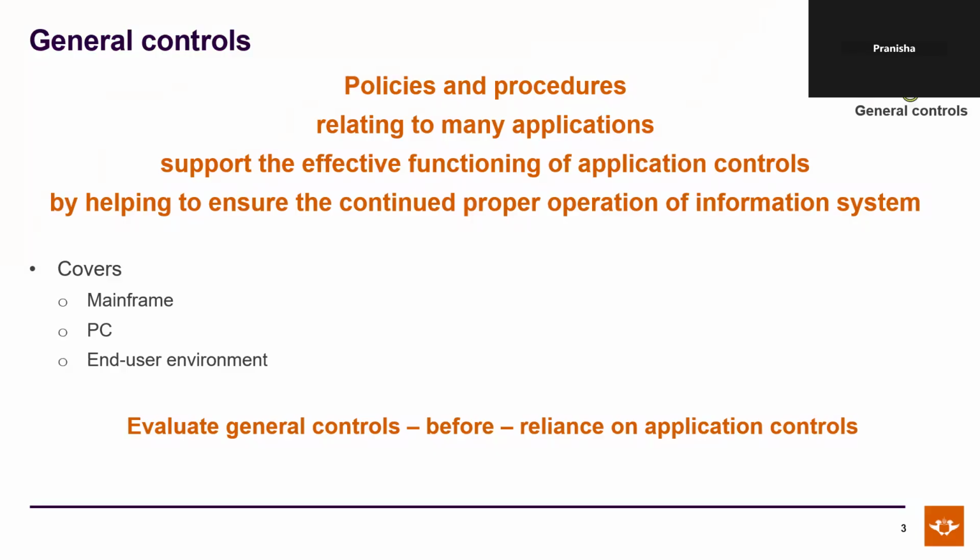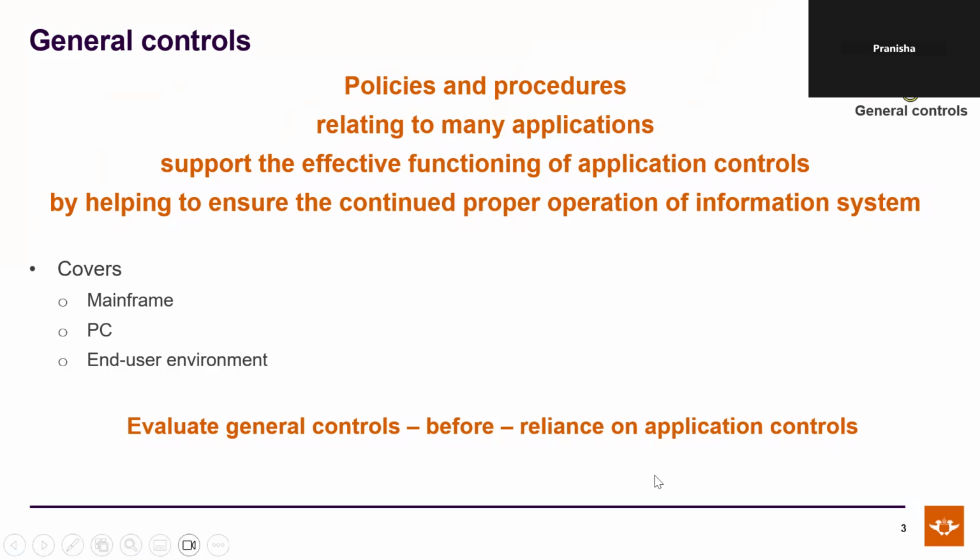So the first thing when it comes to looking at general controls is that no matter what type of computer you use, it can be your general PC, it can be a mainframe, it can be even an end user environment. The level or the type of computer environment does not really matter. General controls is applicable to this particular environment.